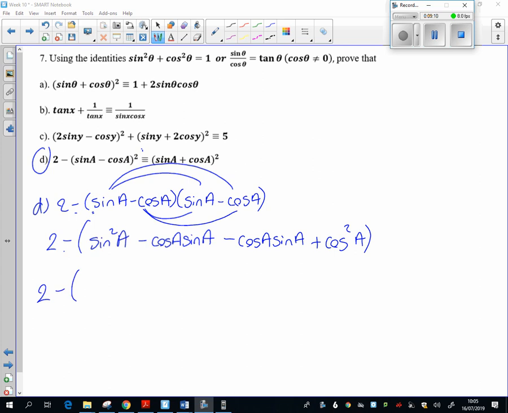So sine squared A plus cos squared A is 1. And then I've got minus cos A sine A minus another cos A sine A, so minus 2 cos A sine A.